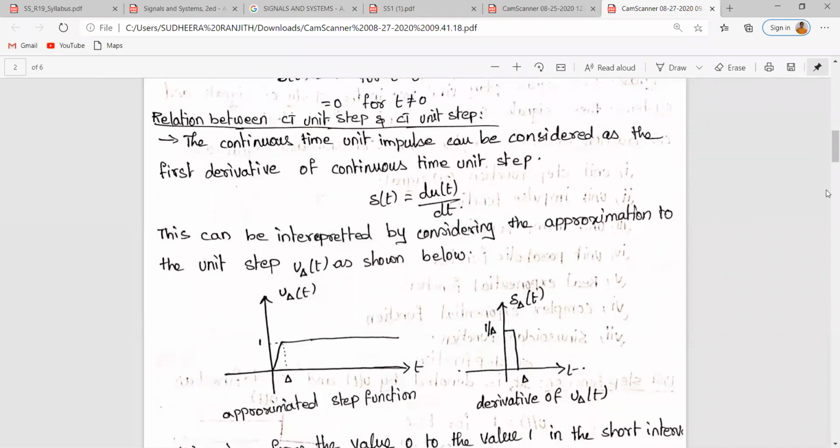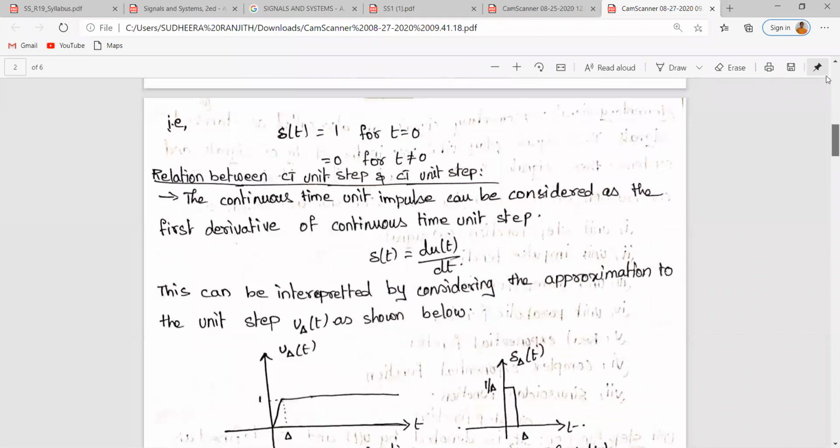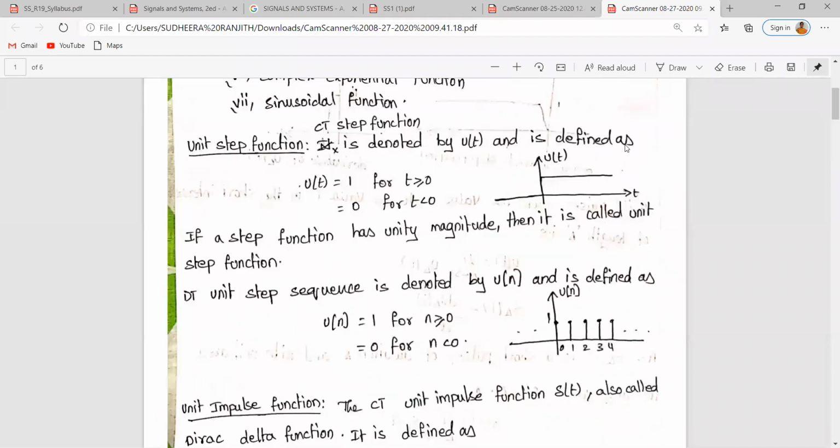In the previous talk, we discussed the ideal version of u of t. For the ideal version of u of t, the amplitude change occurs only at t equals 0.